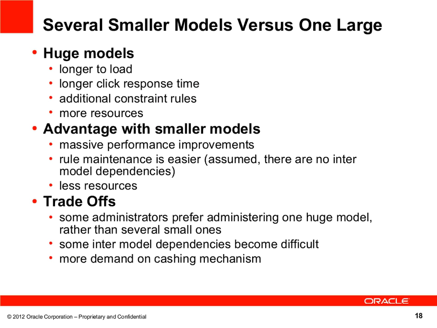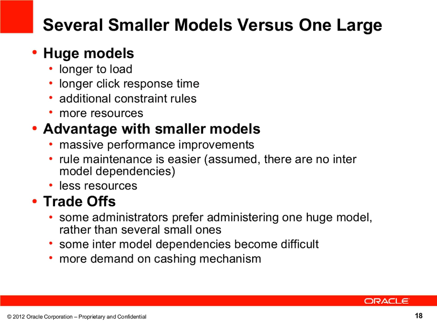While the advantage with smaller products is that you have massive performance improvements. They load much quicker. Click response times are usually no problem, and the number of constraints, rules, or scripts is small. It simply needs fewer resources.